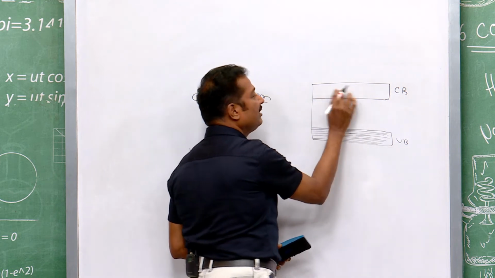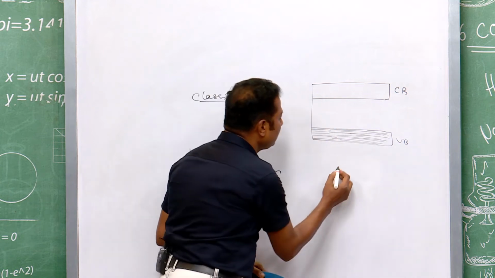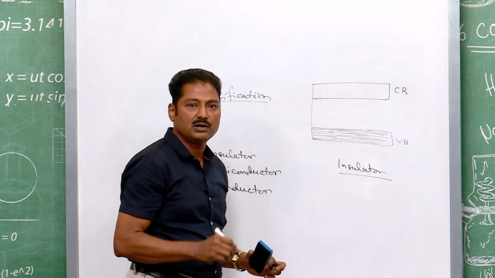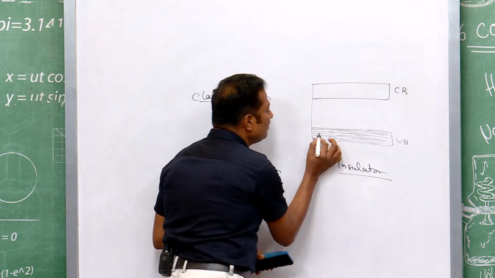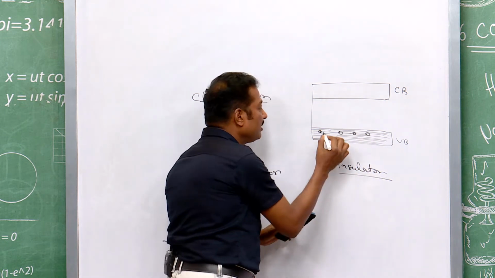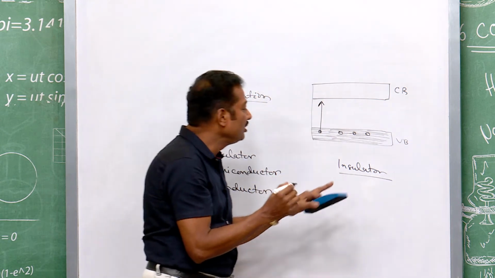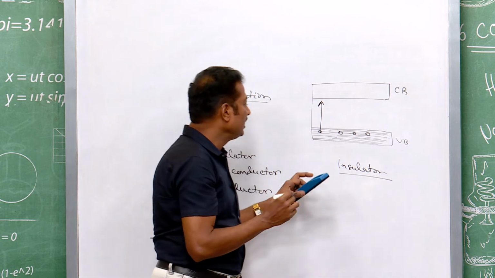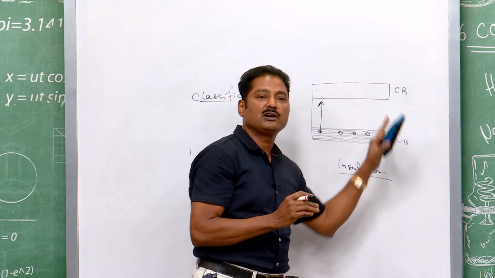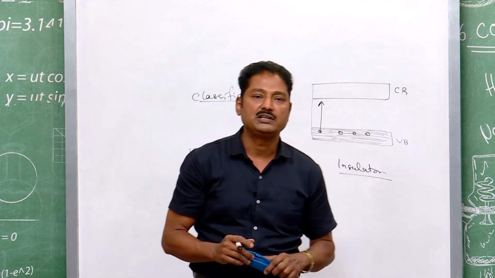No energy level is there, means no conducting electrons are there. So, for the insulator to conduct, some electrons should be transferred from the valence band to the conduction band, then only it will be able to conduct. But can we transfer the electron from the valence band to the conduction band in an insulator? No, it is tough.